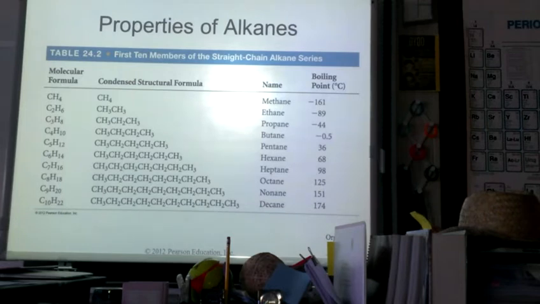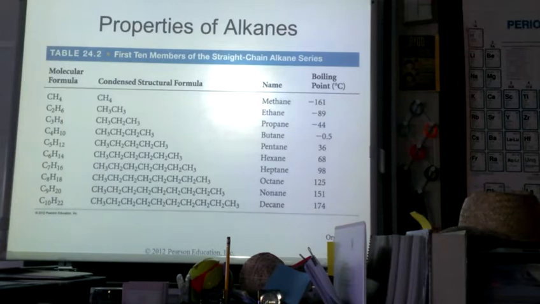There's one trend that I want to point out before we move on about alkanes. The condensed structural formula really exhibits this because we see that the carbon-hydrogen chain is getting much longer. As the length of that chain increases, the boiling point also increases.